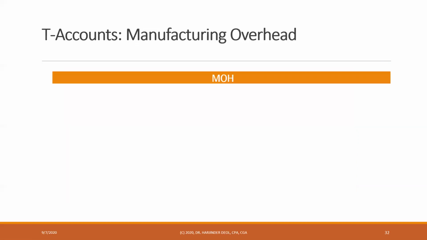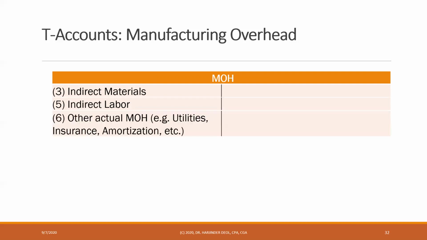For manufacturing overhead, on the debit side, we will record all the actual manufacturing overhead costs. And these include indirect materials, indirect labor, and other actual manufacturing overhead costs, including utilities costs, insurance costs, amortization, all relating to the manufacturing facilities.